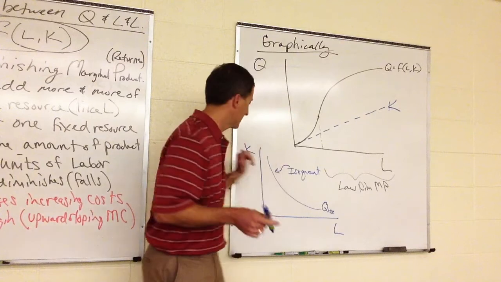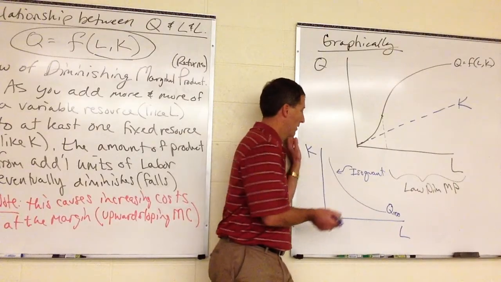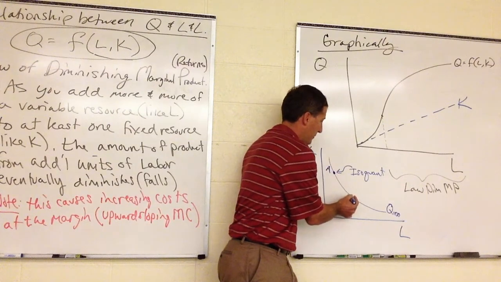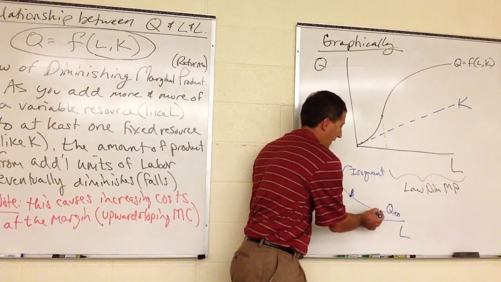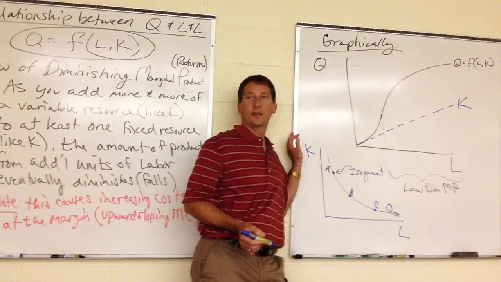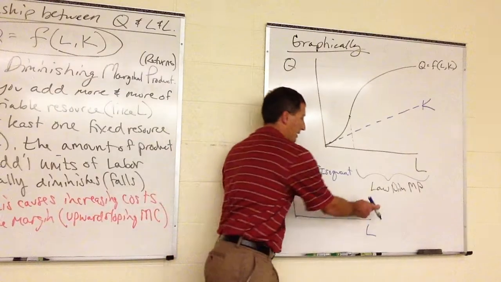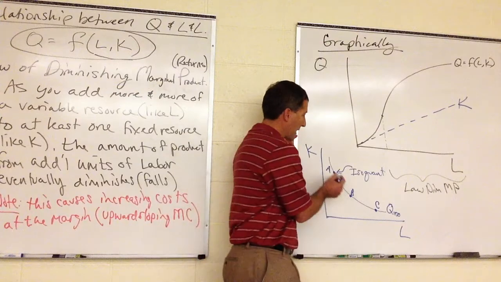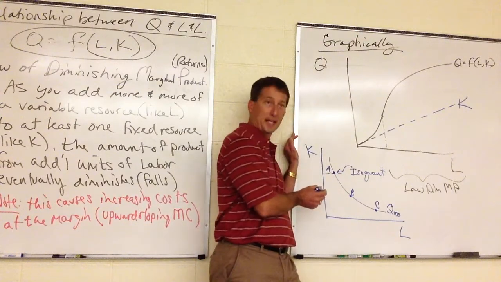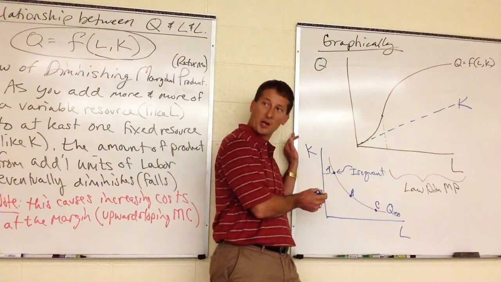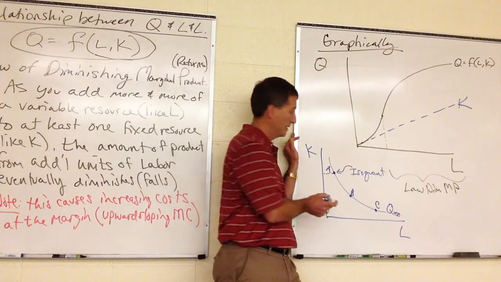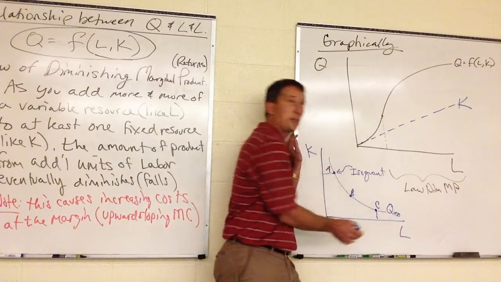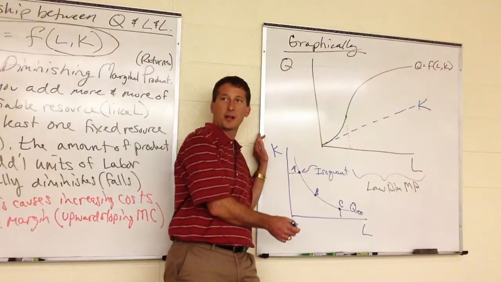So at points A, B, and C, I'm producing 100 erasers. Point A represents a more capital-intensive production process. Point C represents a more labor-intensive production process.